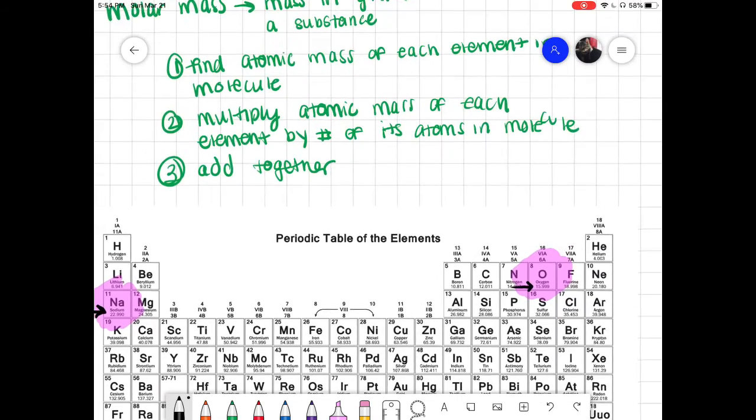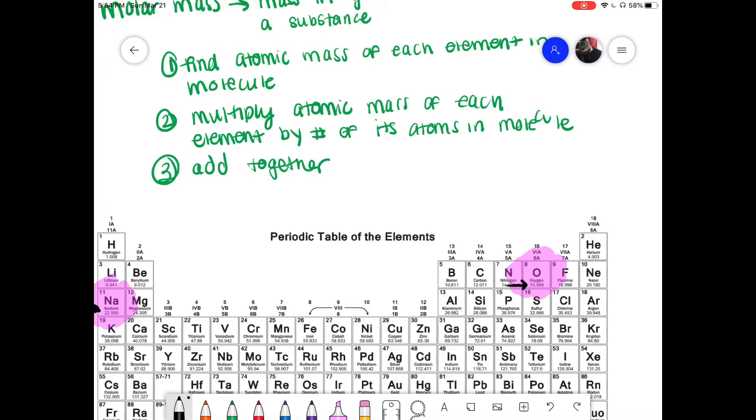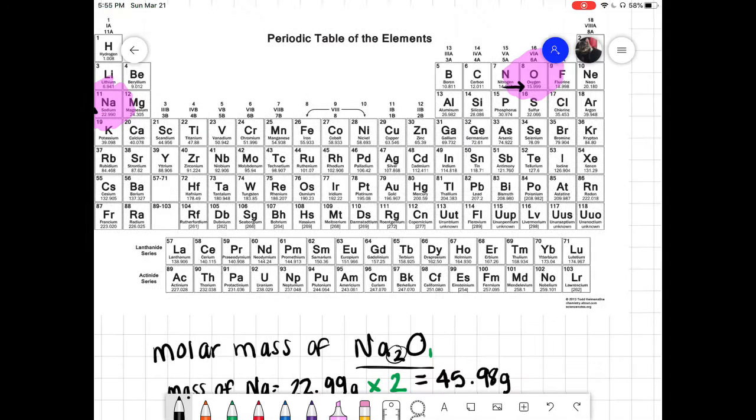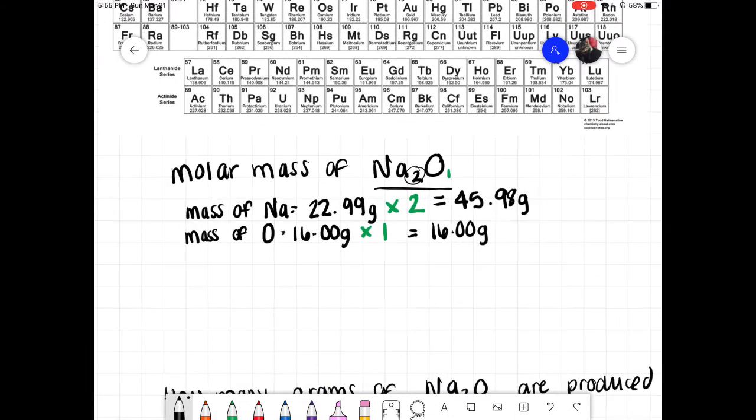So our last step after we multiply the atomic mass of each element is we need to add them together to find our total mass. So we found the mass of each element so far by using the atomic mass. And then we took account for how many atoms of each element are in the molecule. Our last step is to add it all together.